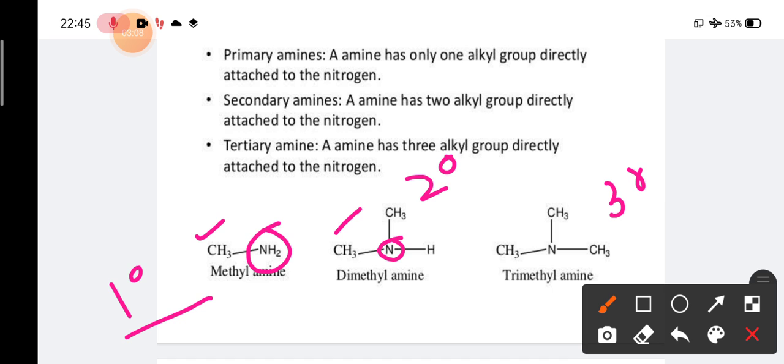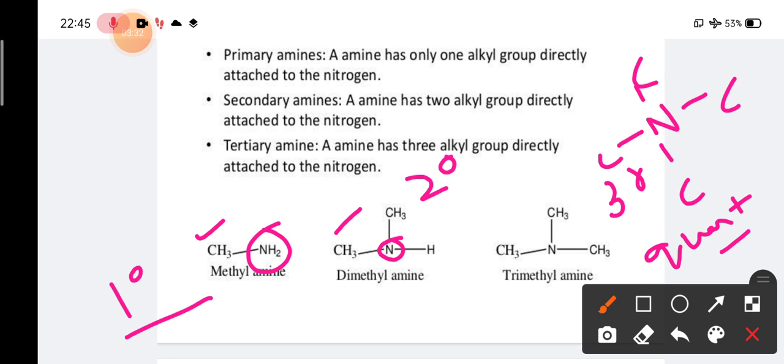There is one more type of amine, called quaternary amine, where the nitrogen of amine is connected with four carbon atoms.